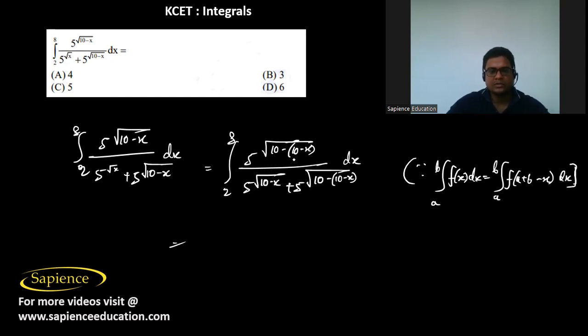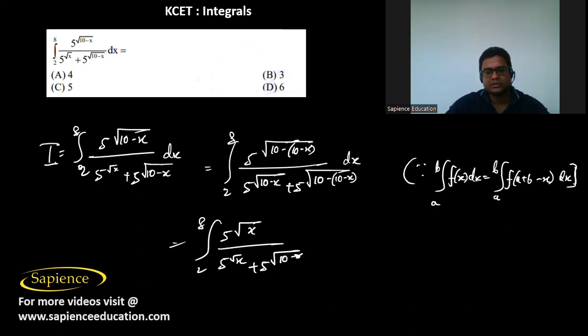So therefore this will be 5 power root x, integral 2 to 8. This I can call as integral I. So this is 5 power root x divided by 5 power root x plus 5 power root 10 minus x dx. So therefore this is also I, this is also I. If we add them, we will get 2I.